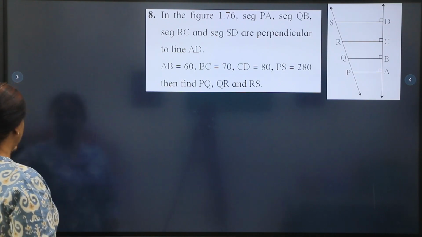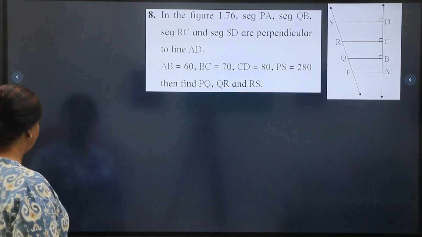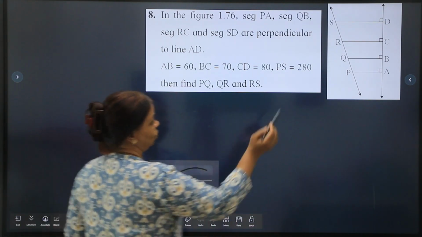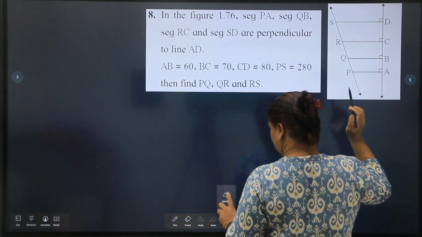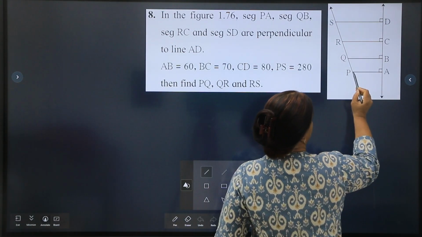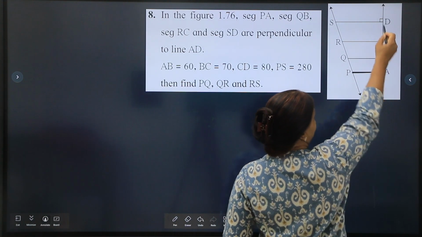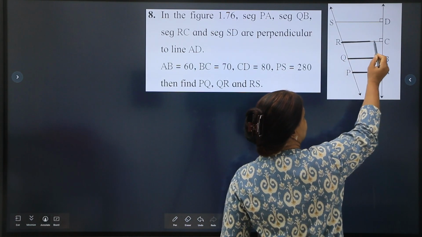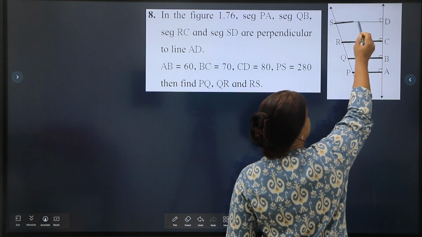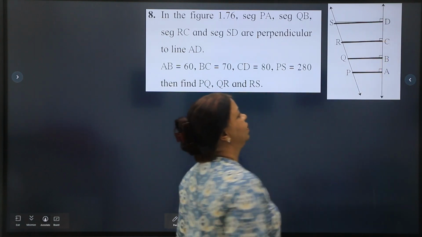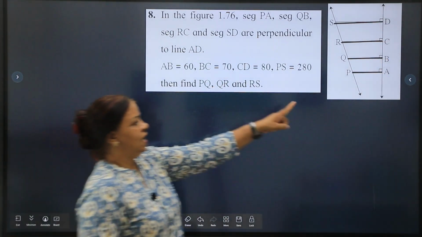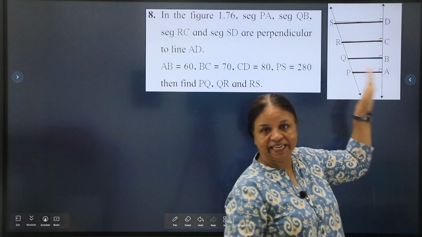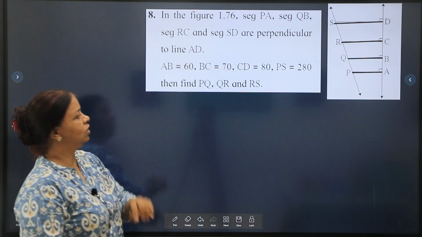The figure says that there are four lines which are perpendicular to AD: line PA perpendicular to AD, line QB perpendicular to AD, RC perpendicular to AD and SD perpendicular to AD. So all these four lines are perpendicular to line AD.